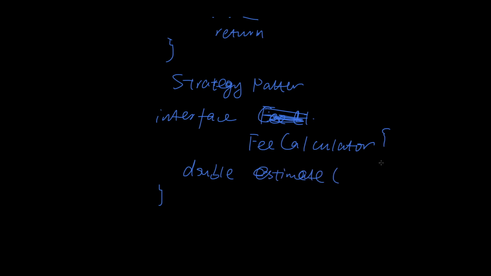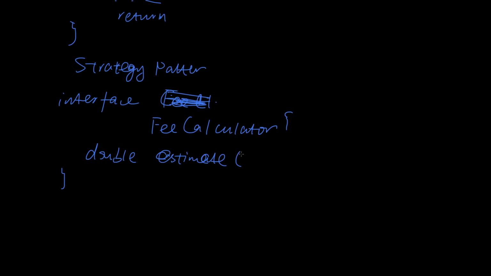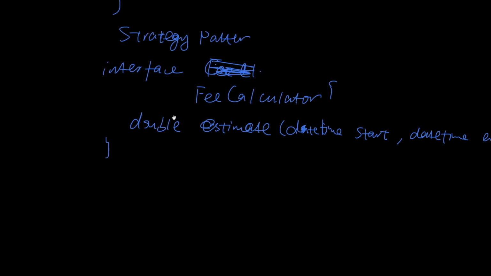And for those things, we can do a lot. We can directly put the ticket here, but it will pass too much information. Actually, what we want is just two things: one is the date time start, and the other is the date time end. As long as we have that start and end, we should be able to support different things.